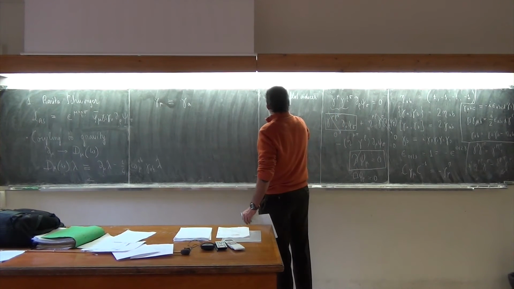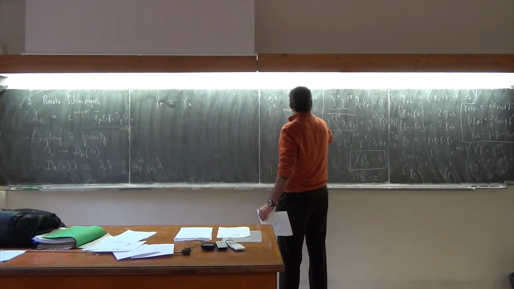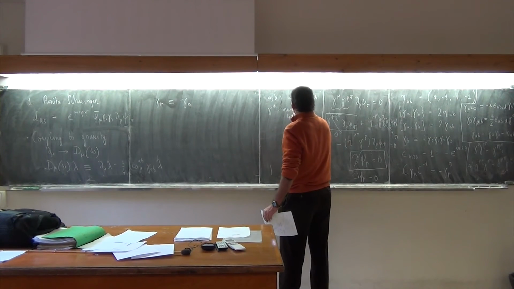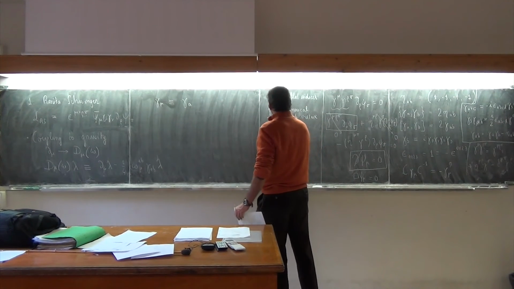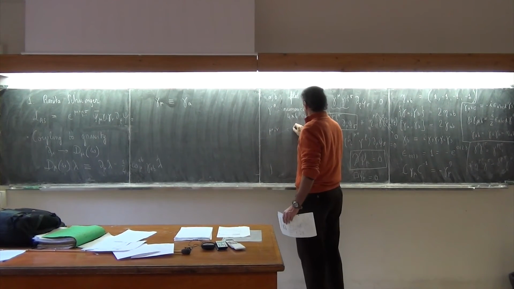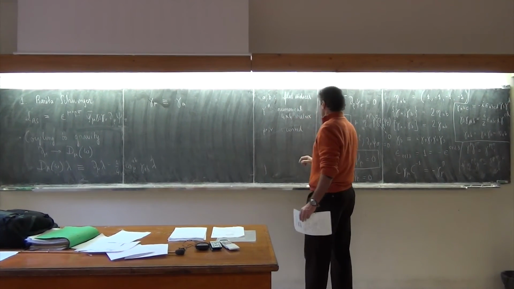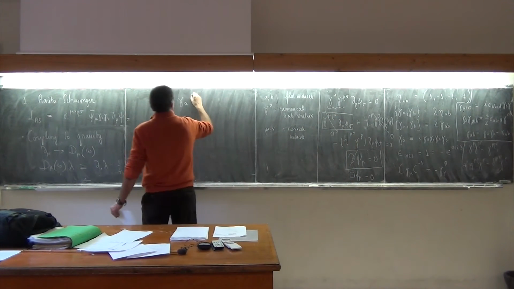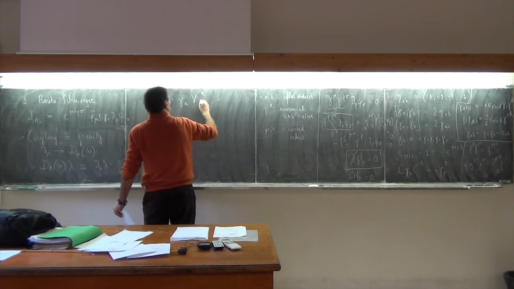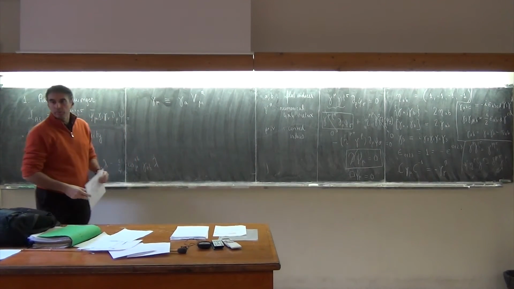And gamma A is a numerical matrix. While now the mu indices will be curved space-time indices. And the relation will be via the vielbein field, as usual.